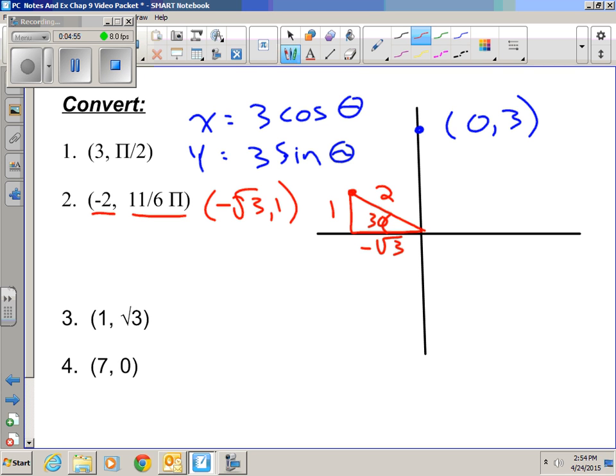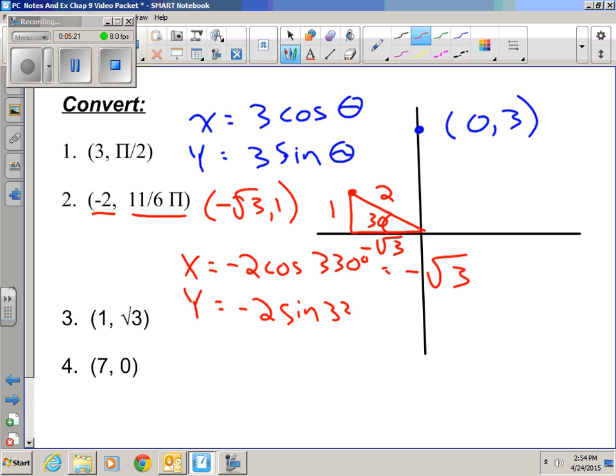Okay, and we can find that by using our conversions. x is going to equal r cosine theta, so that's going to be negative 2 times cosine of 330, which does turn out to be negative root 3, and y is equal to negative 2 sine of 330, and that of course equals positive 1.